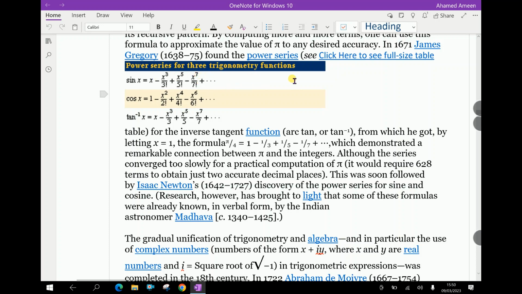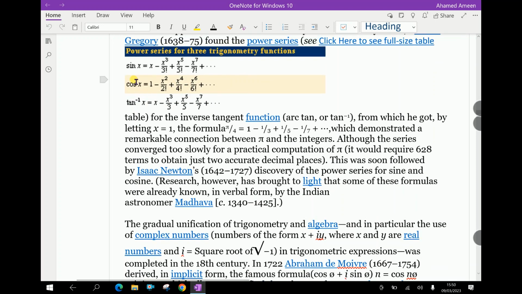Suppose sin x can be expressed as x minus x cubed by 3 factorial plus x power 5 by 5 factorial minus x power 7 by 7 factorial. Like that, other ratios are also expressed as power series.